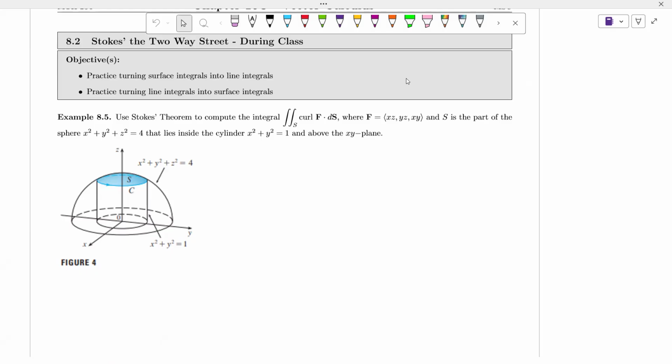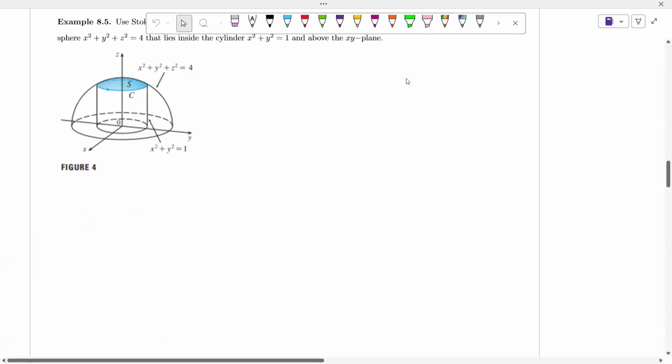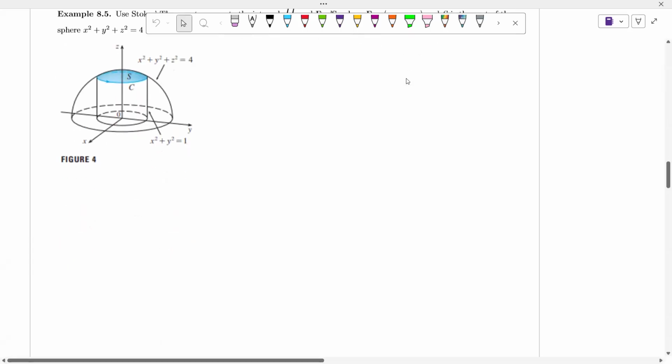Stokes' theorem has two sides to it, right? There's a double integral being equal to a line integral. And just knowing the way that we write problems that are interesting for you to either learn the material or get quizzed on the material, you're going to do it the opposite way of what we say. So since this says to compute the double integral, I'll be computing the line integral instead.